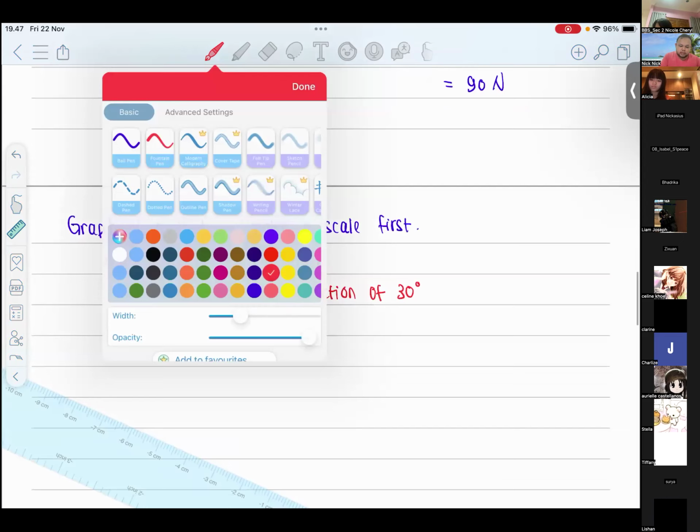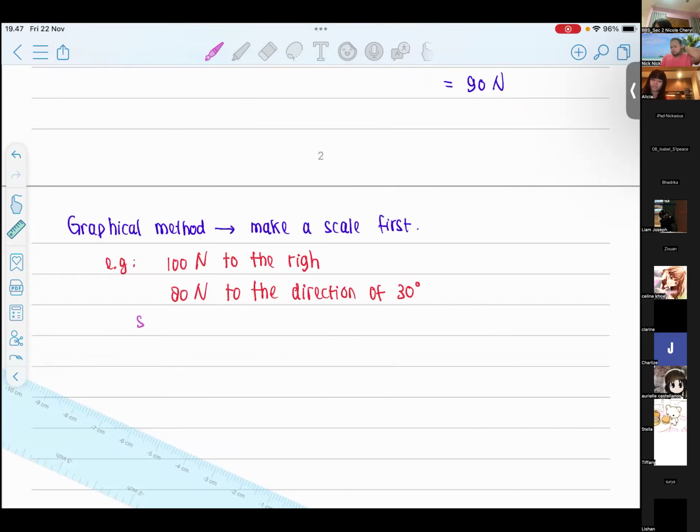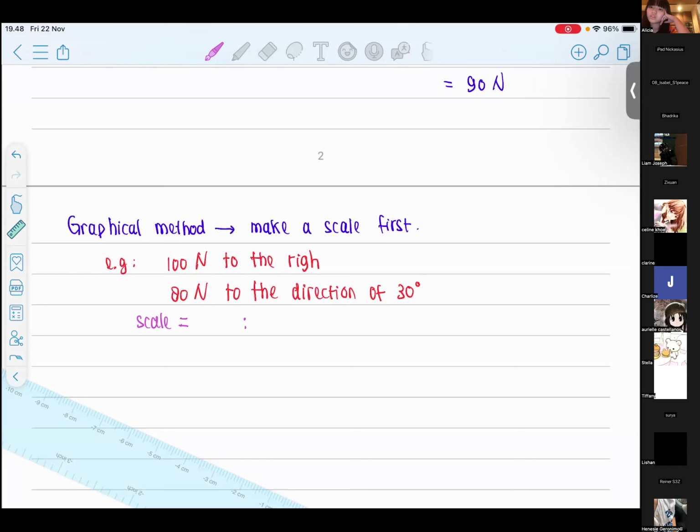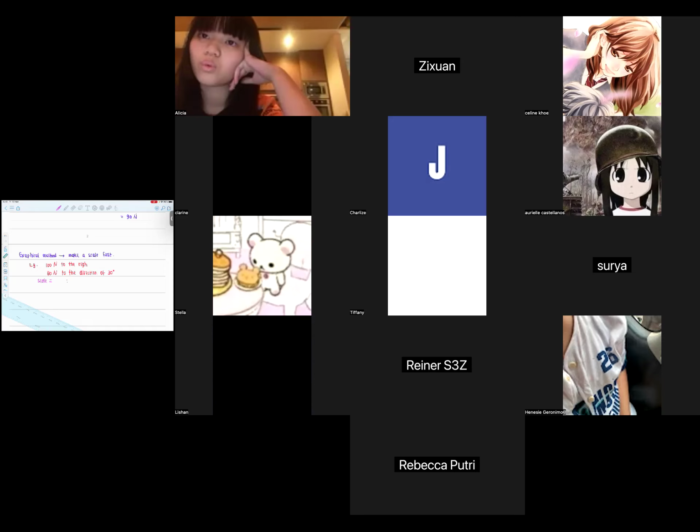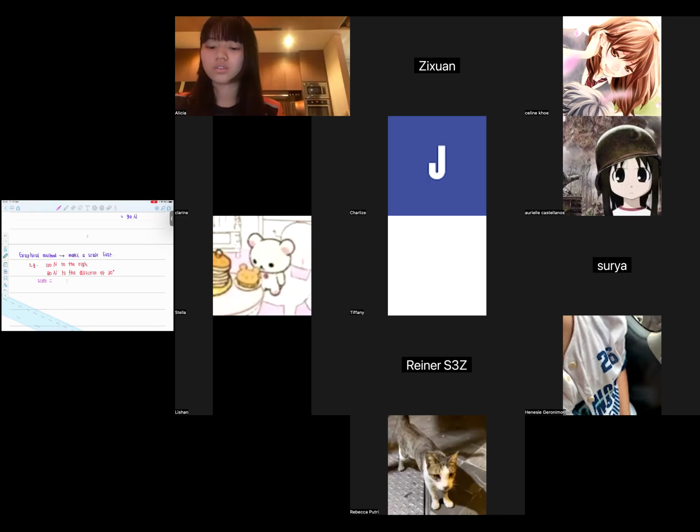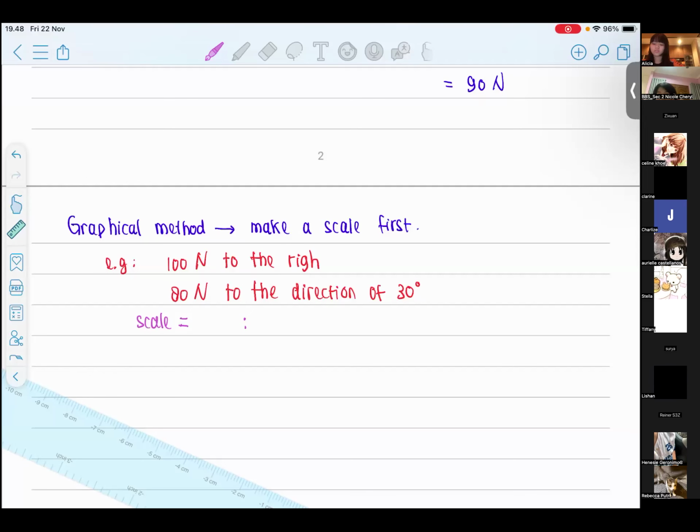So what scale do you want to use? Please answer me. Other students? 1 centimeter to 10 Newton.